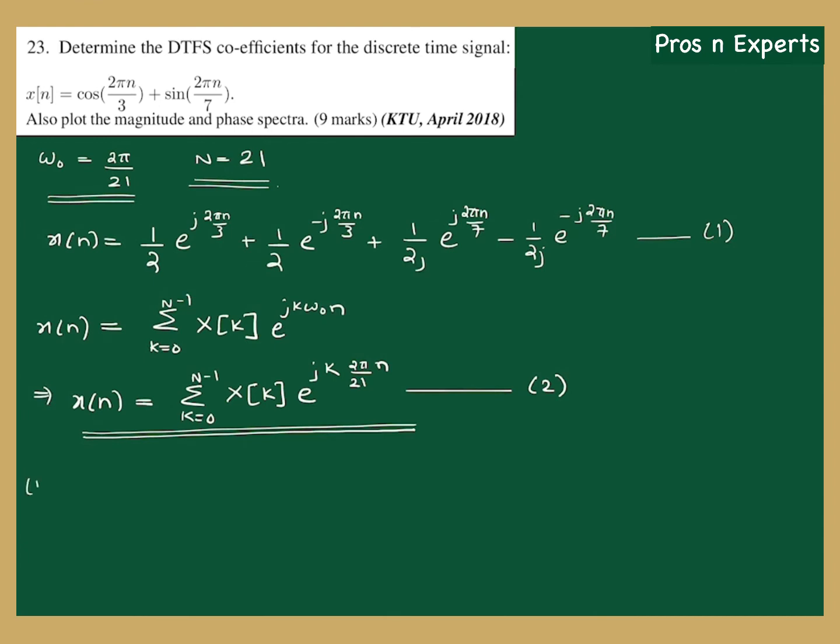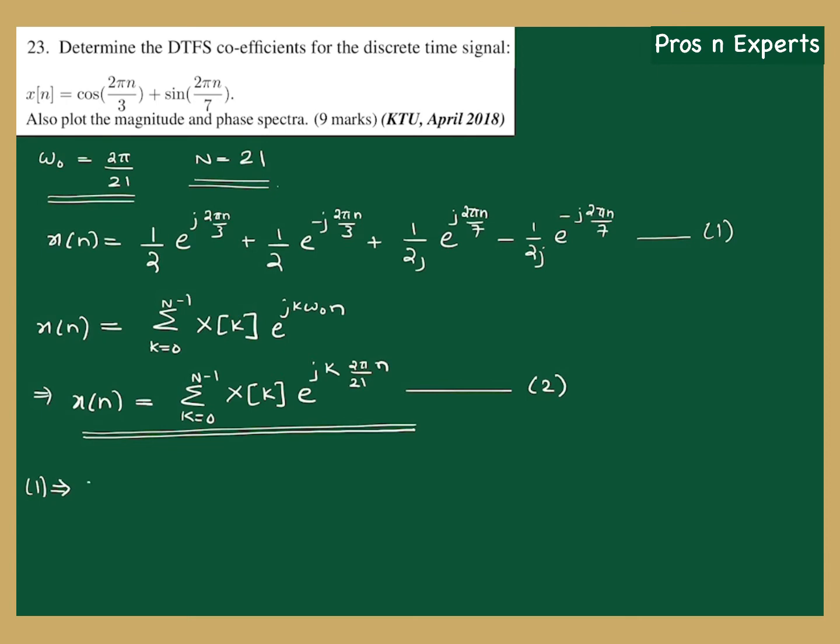So now again taking equation number 1, where we have split our given signal in terms of exponents. Why did we split it in terms of exponents? Because we have to compare it with this standard equation of DTFS. It contains an exponential term. So that's why I have split this equation in terms of exponentials.